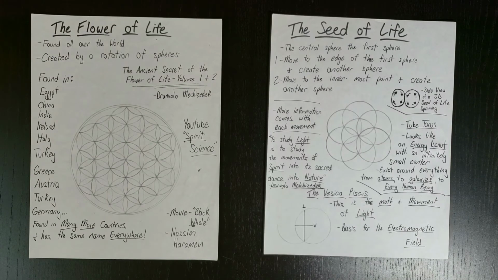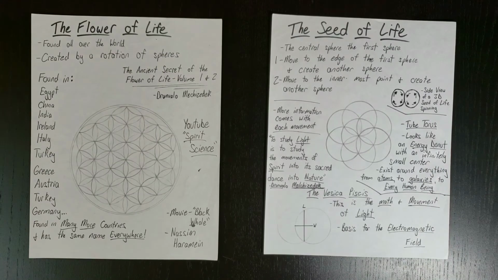So the 2 spheres intersect each other's centers perfectly, and the space that intersects is called the Vesica Piscis. And this shape right here gives us the movement for the electromagnetic field, which is light, which is also why we have our own electromagnetic components.